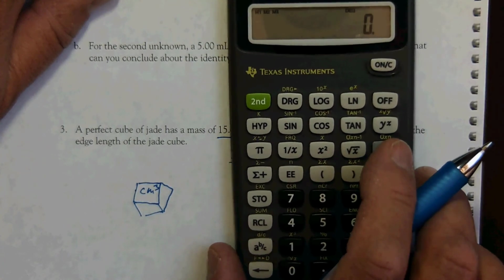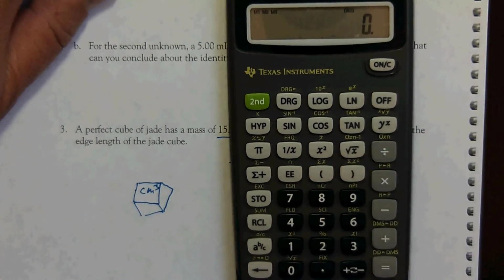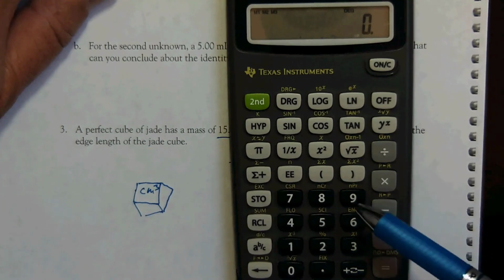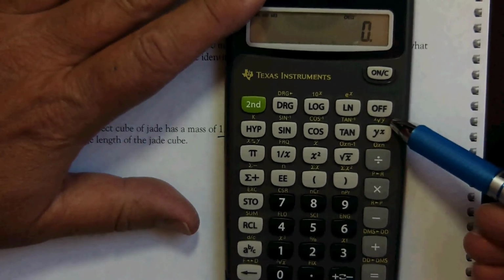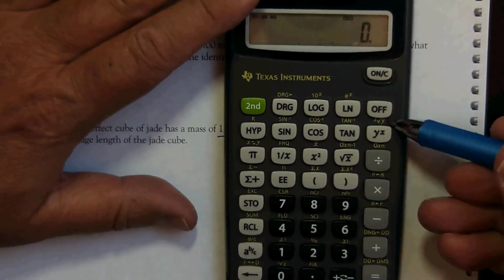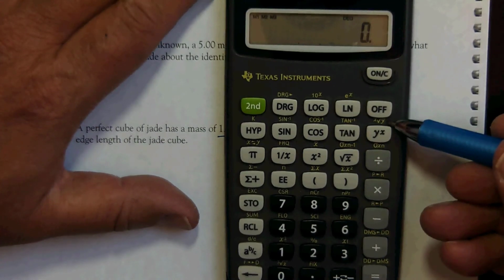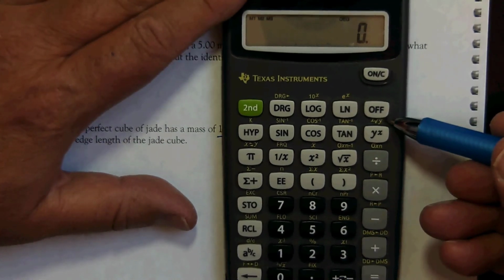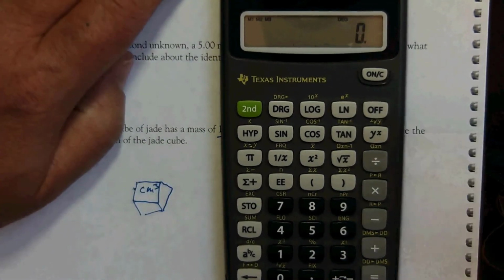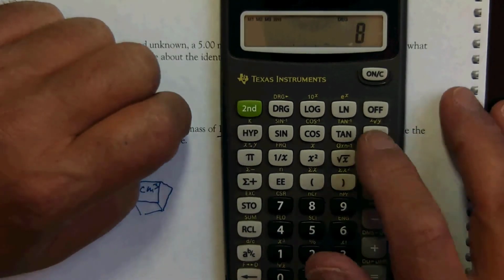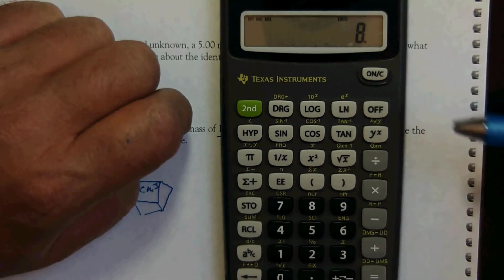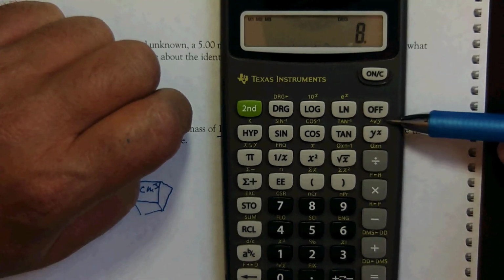On this particular model, I don't have a cube root button, but I do have, where is it? Right here, right above the y to the x, I have a button that allows me to take any root I want. So to see if it's working right, I'll put in 8. I'll say boom, boom, so I'm accessing that guy.